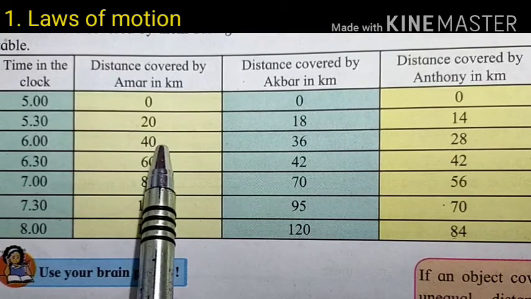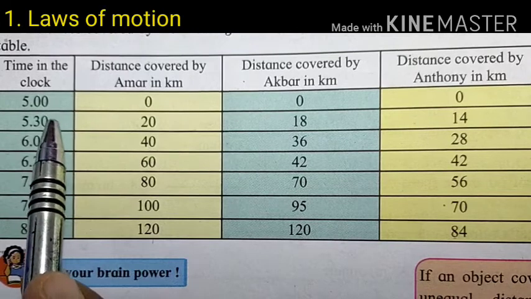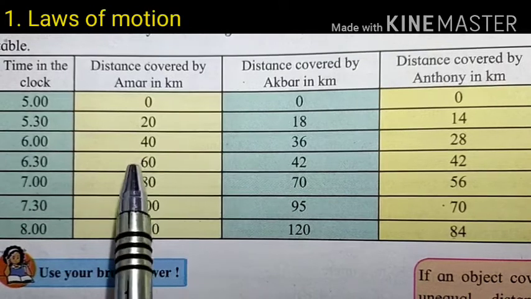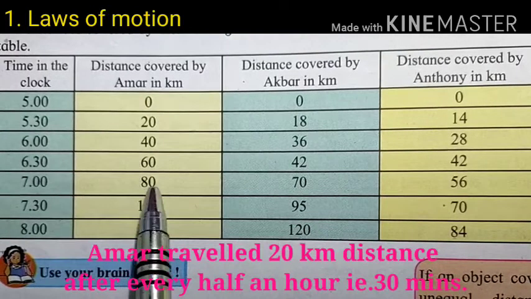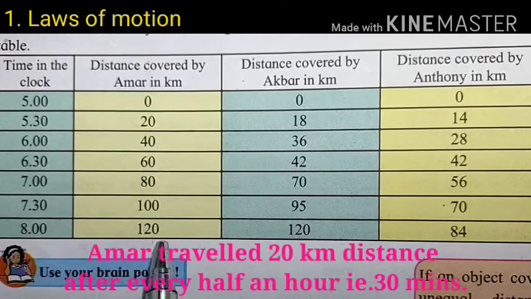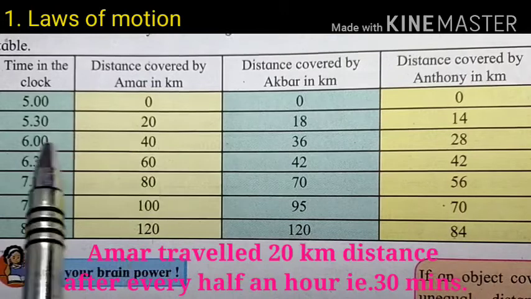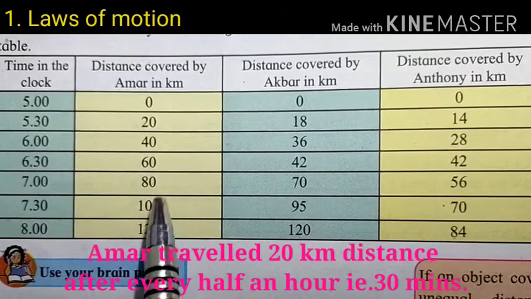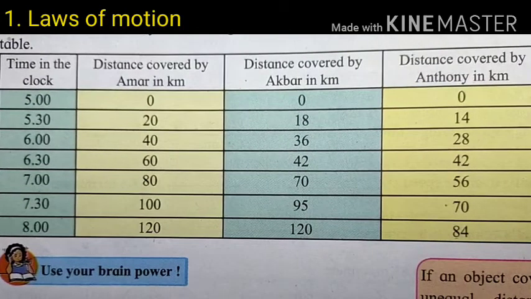At 6 o'clock the total distance covered by him was 40, but within this half an hour, that is between 5:30 and 6, he covered a distance of only 20. At 6:30 the total was 60, at 7 it was 80, at 7:30 it was 100 and at 8 o'clock 120. If you see Amar's example, after every half an hour he covered 20 distance. So in short, Amar travels equal distance in equal interval of time.